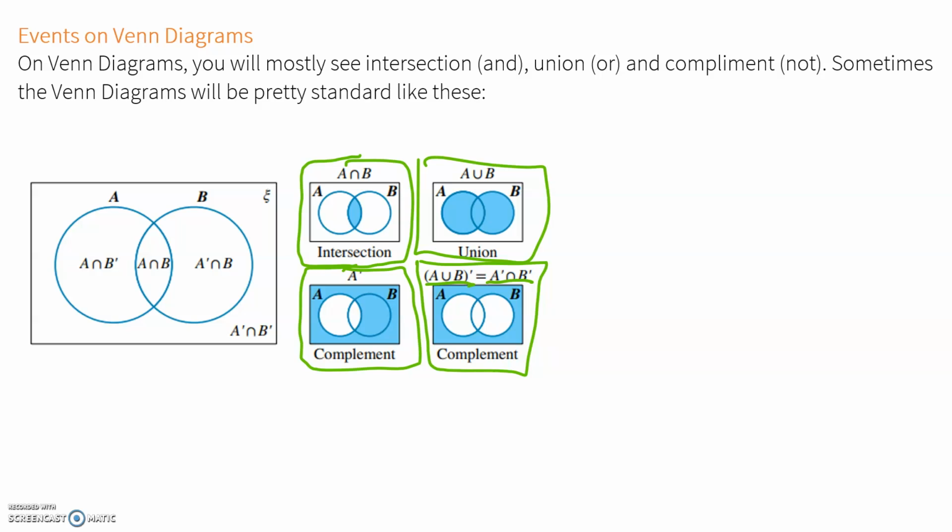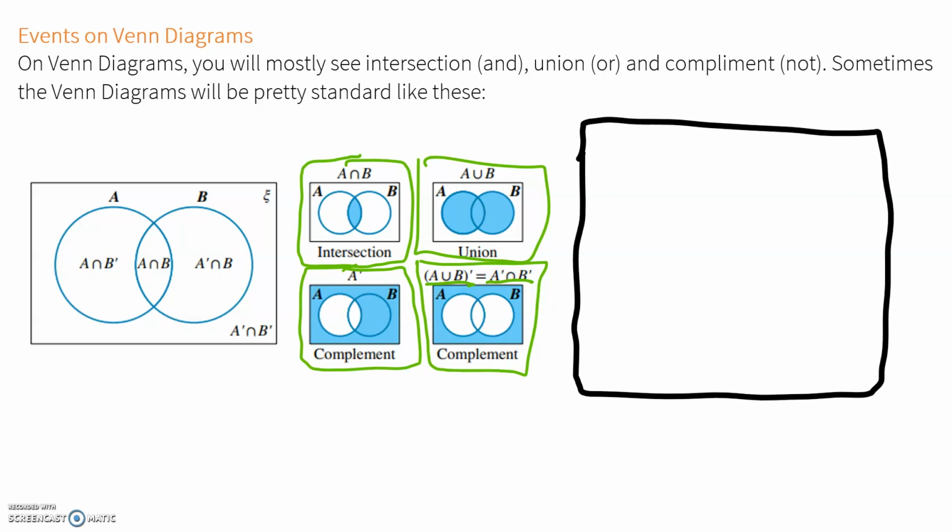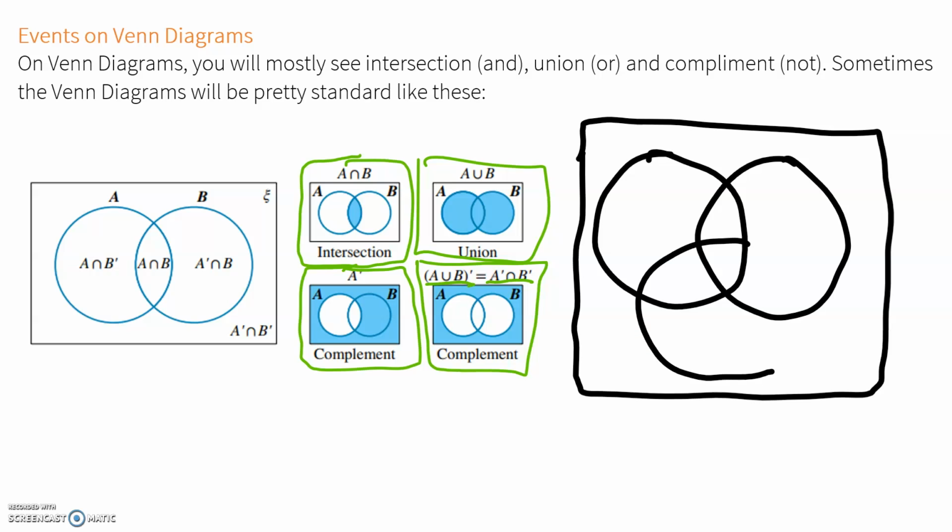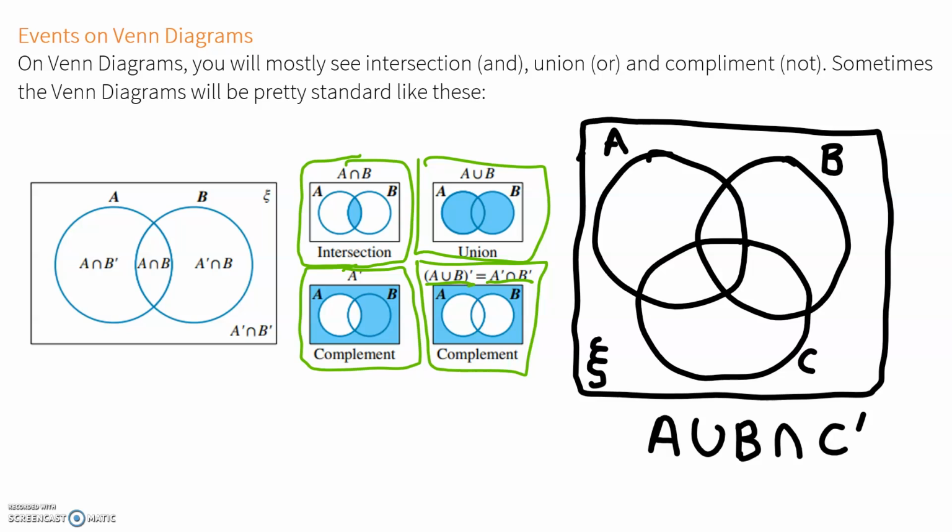We can also have more complicated ones on bigger Venn diagrams. You'll explore some bigger Venn diagrams in this skill. Say we had one that has 3 circles. I'm not going to show every single possibility, it would take forever, but just to give you an example, and with my terrible xi here, say I wanted to describe A or B and not C. First thing I do is group the and together.